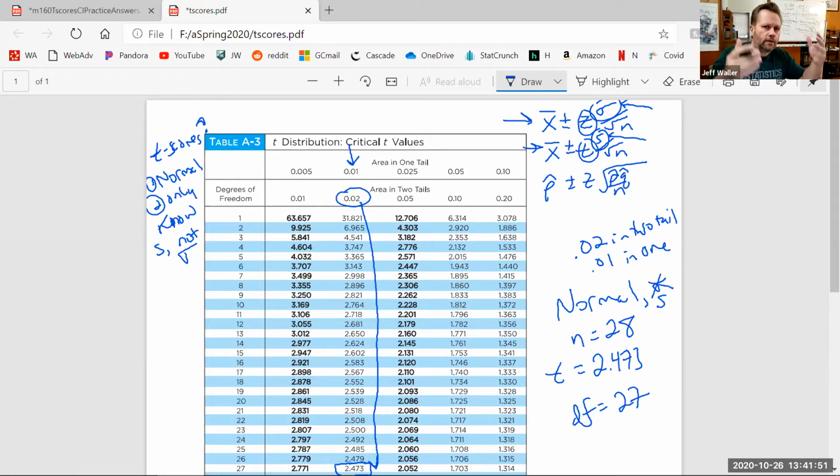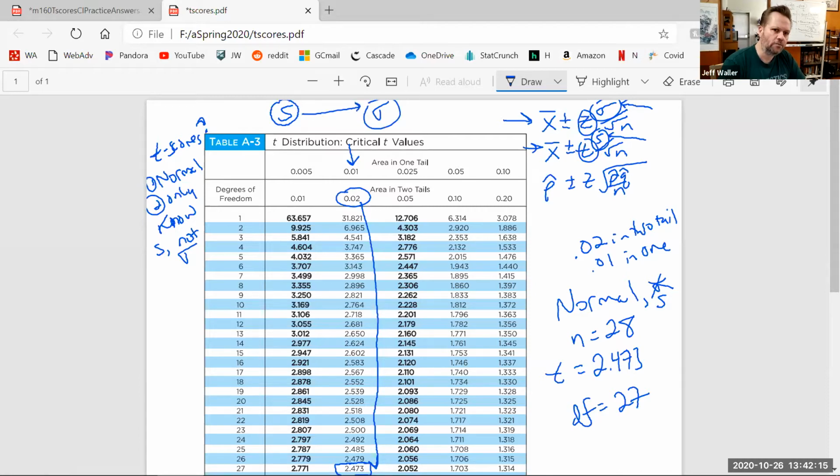If I have to use s instead of sigma, what does s mean? What is the symbol s? Sample standard deviation. All right. And now somebody else remind me what sigma means. Population standard deviation. Good. So S is an estimate for sigma.